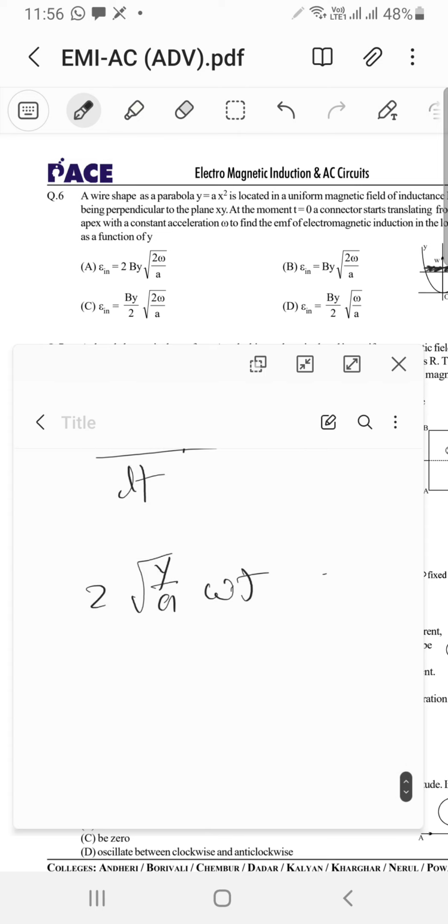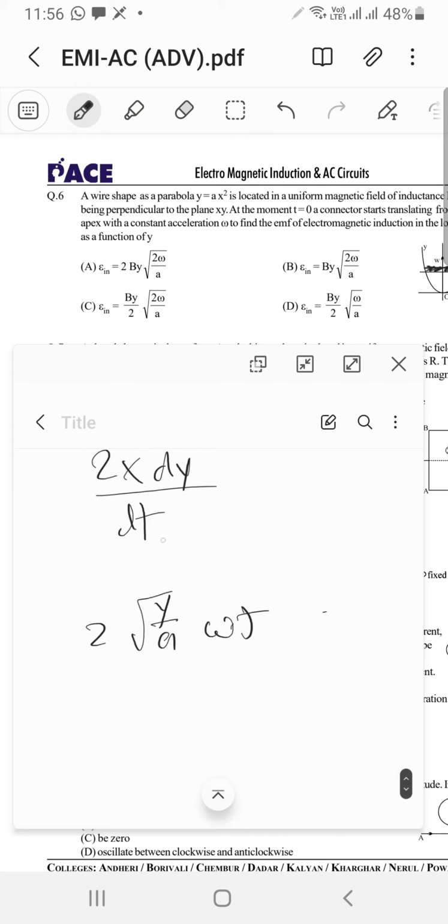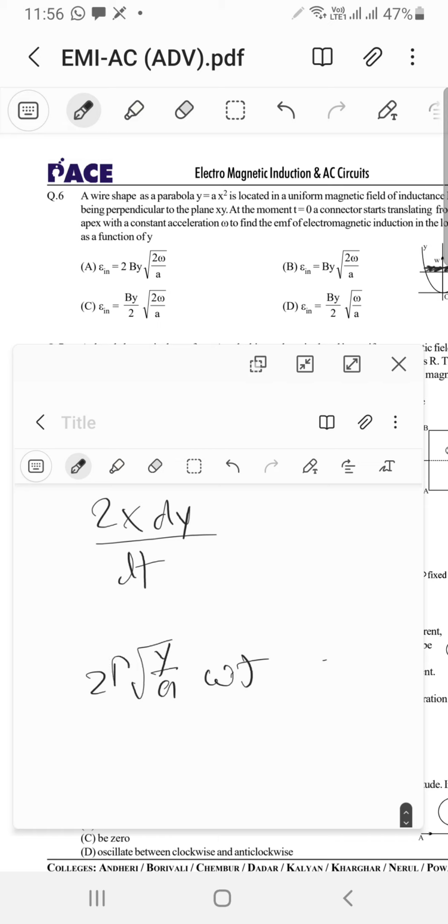Alright, cool. So that times the magnetic field, so it should be 2B. Yeah, that's the flux change, which is also the EMF, which is v.